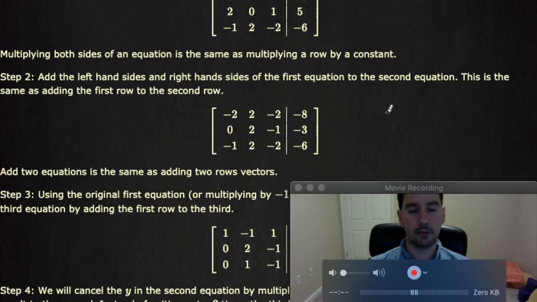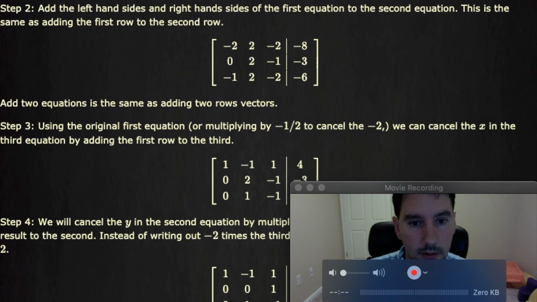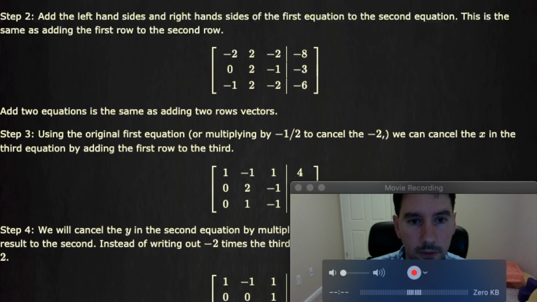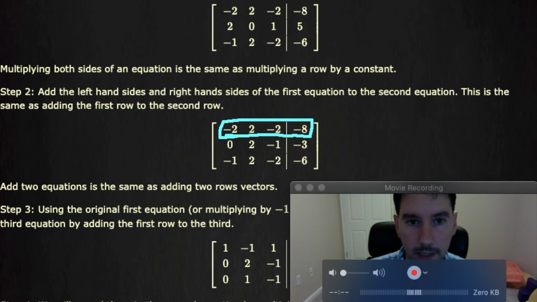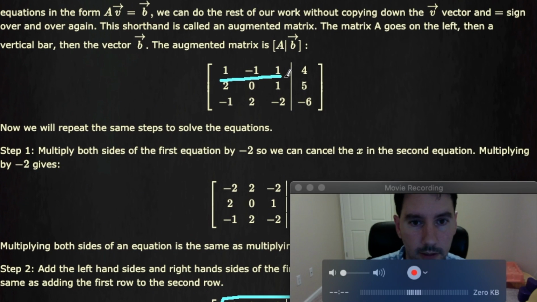So instead of adding two equations together, we just add one row vector to another row vector, and it's the same thing algebraically. Now we don't want to keep this negative 2, 2, negative 2; we want to go back to the original equation that we started with, 1, negative 1, 1, 4.